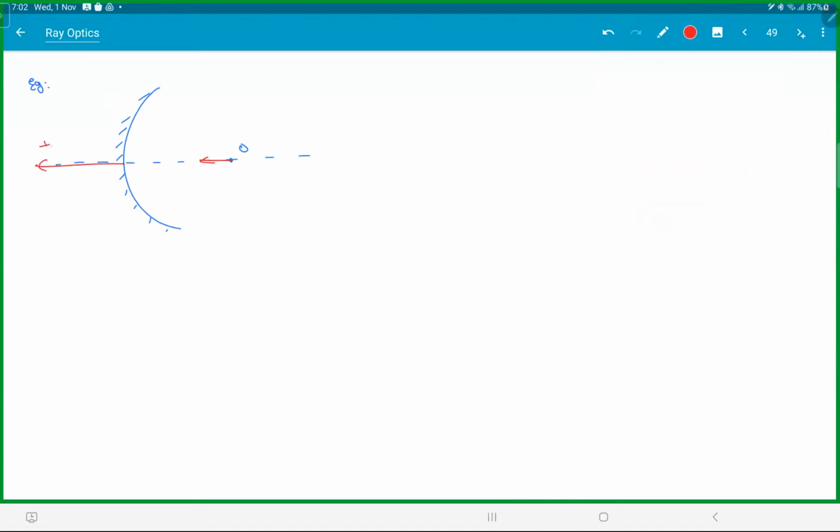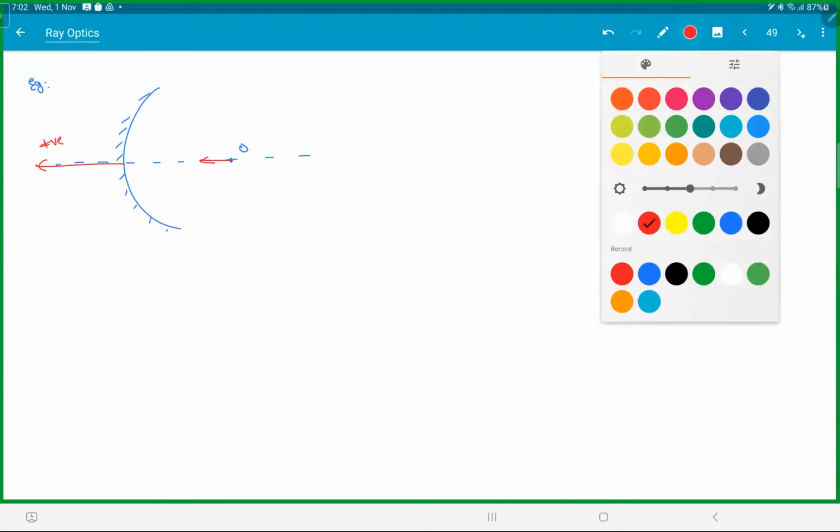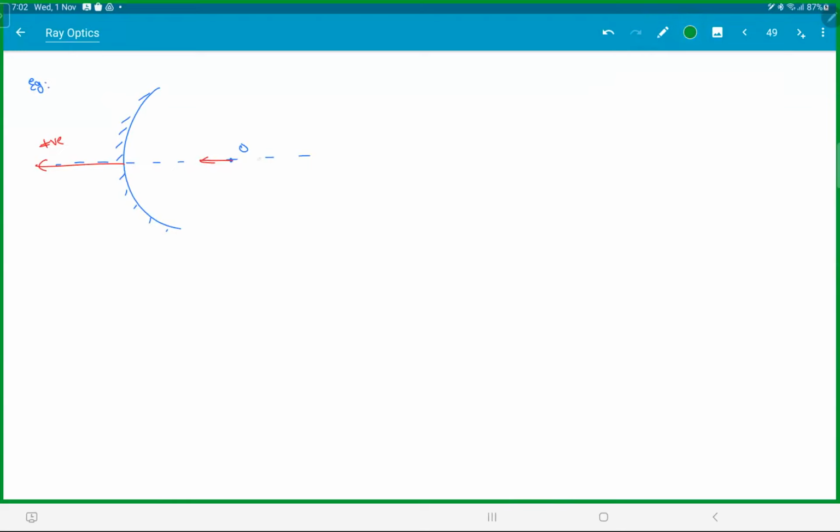So this is positive, and that is negative. Where is the center? Let's say center is somewhere here. This is the pole. So radius of curvature is this distance. How much? Radius is minus PC or minus R. Is that making sense, everyone? Even radius of curvature will have a plus and minus sign.